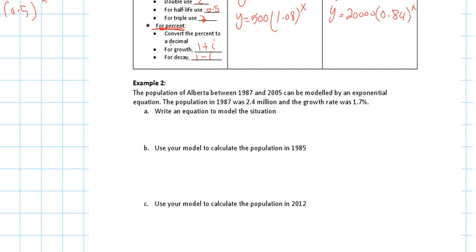Okay. So the population of Alberta between 1987 and 2005 can be modeled by an exponential equation. The population in 1987 was 2.4 million and the growth rate was 1.7%. Write an equation to model the situation.